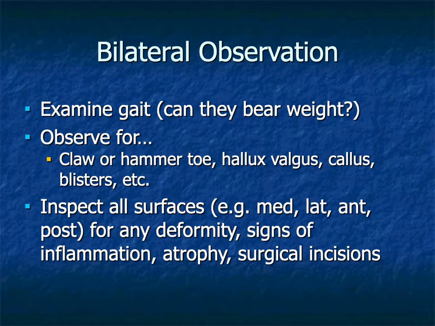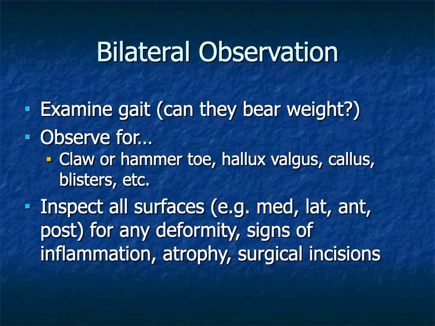Can you see any surgical incisions? You also want to look at their shoes to see if their shoes are wearing funny. Those type of things. We're looking for anything that can give us clues for that particular injury. Again, we're going to compare the good side to the bad side.